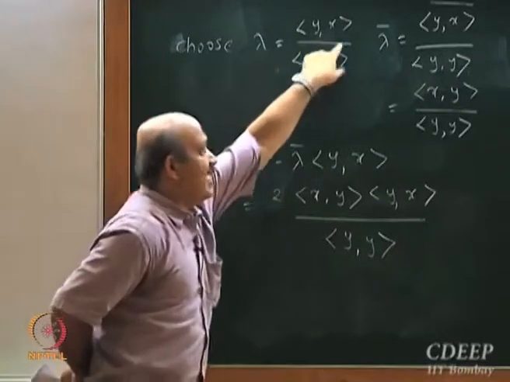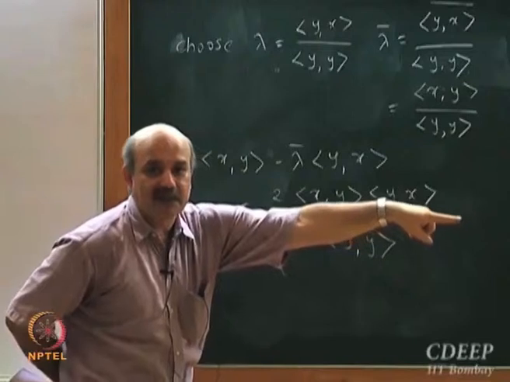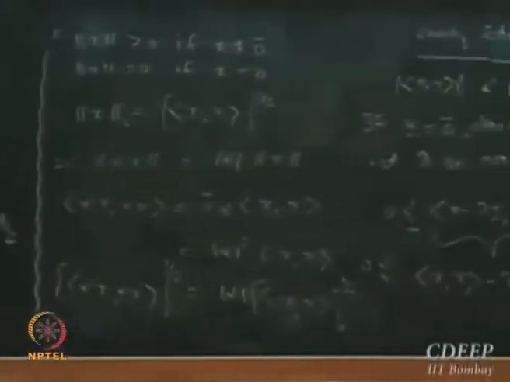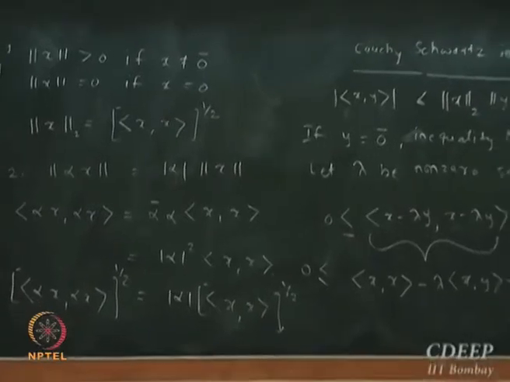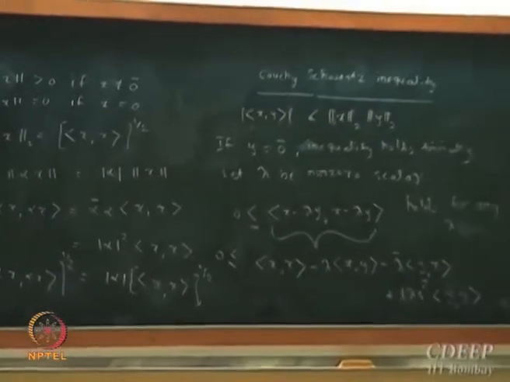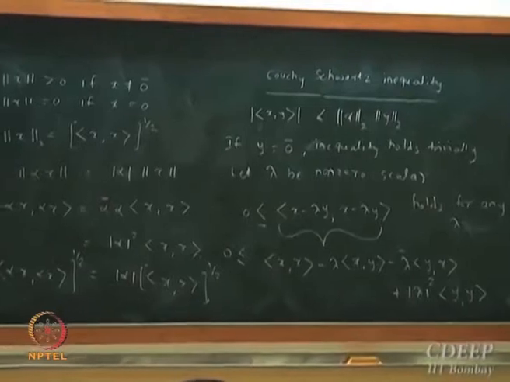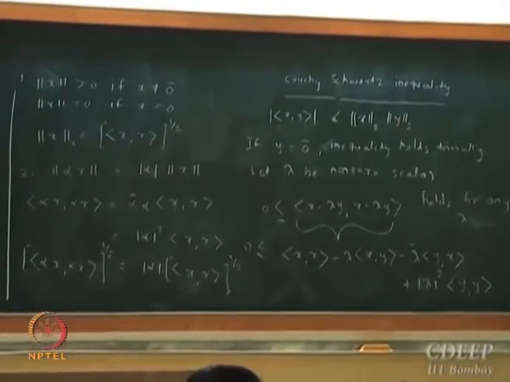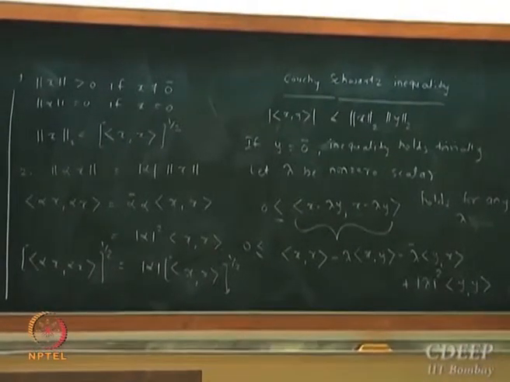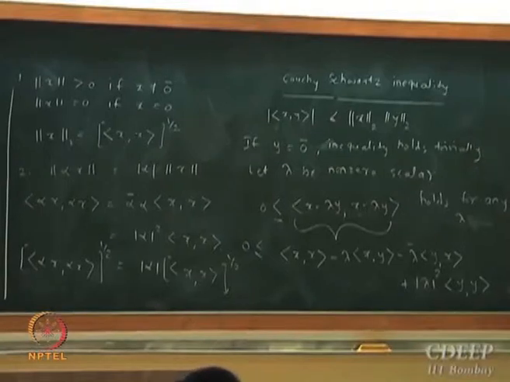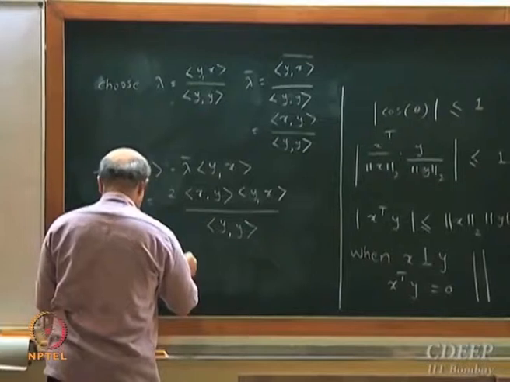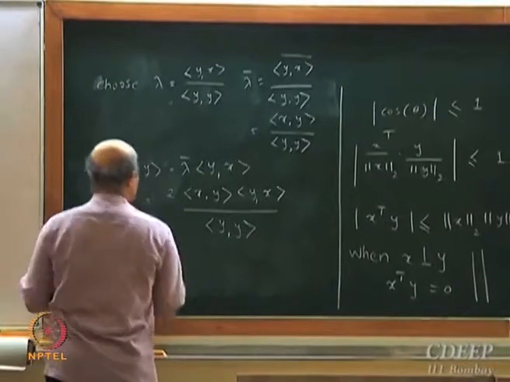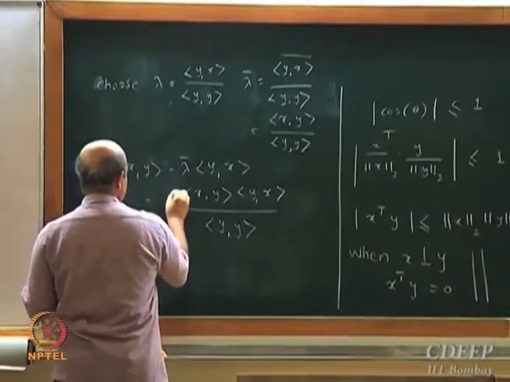What is lambda? Yx. I am substituting in the first thing there, xy, right? And what is lambda bar? Xy, but there it comes yx, right? Just algebraic jugglery. Okay. This is equal to 2 times, well, minus is here, of course.